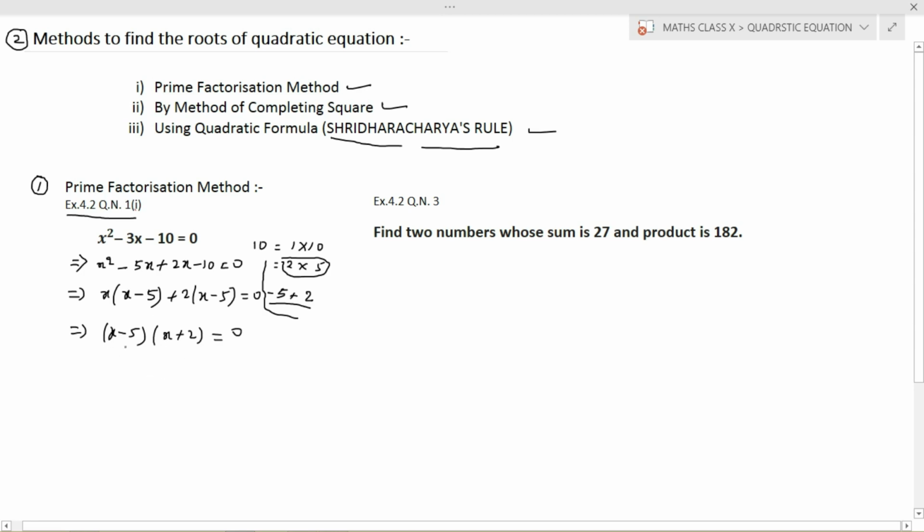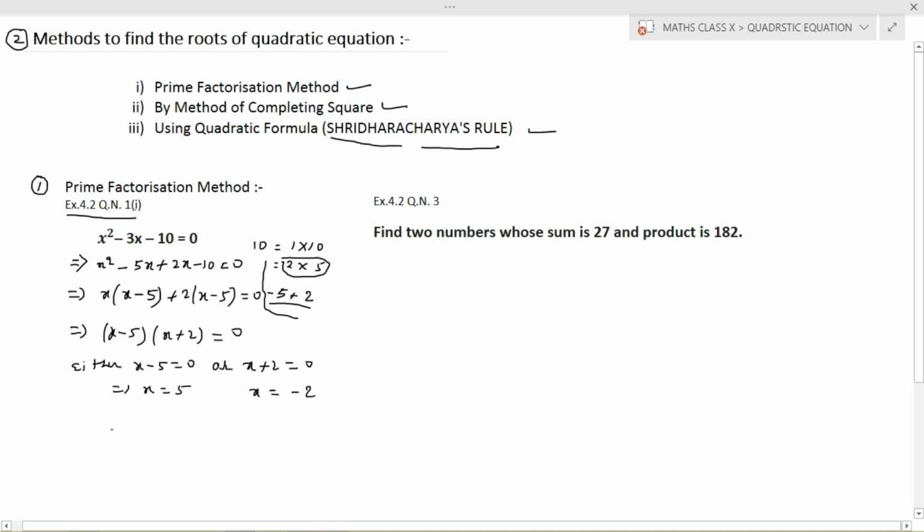Now the product of these two is 0, so this is only possible if either the first part is 0 or the second part is 0. So we will write here either x minus 5 equal to 0 or x plus 2 equal to 0. From here you will get x equal to 5 and here x equal to minus 2.